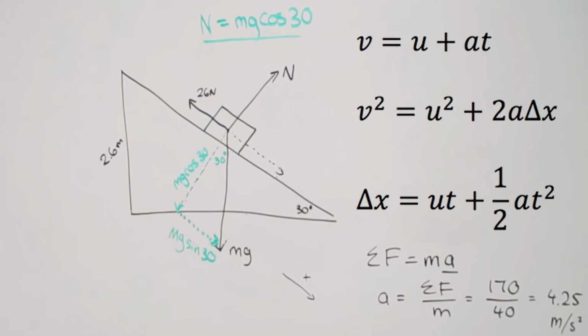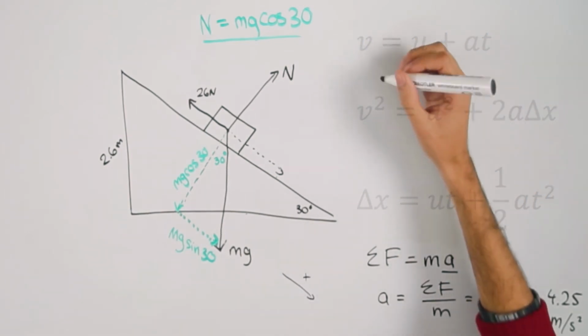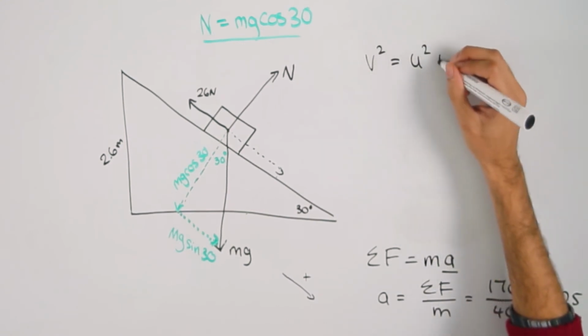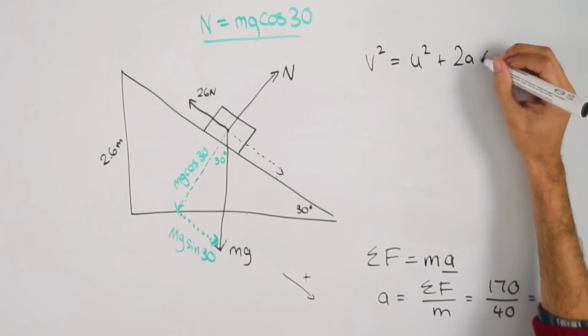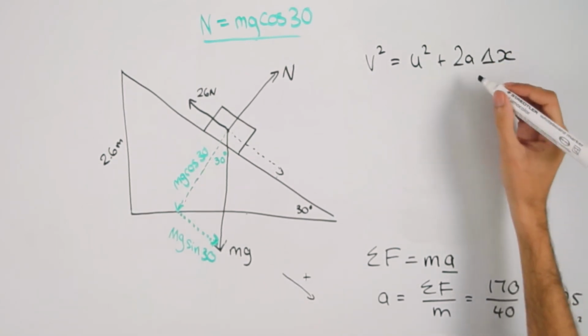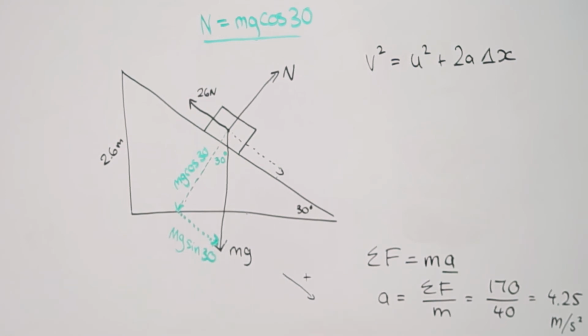Because we're not given the time taken, there's only one formula that doesn't have a time in there, and that formula is v squared equals u squared plus 2a delta x, where delta x is the distance that you've covered, a is the acceleration, v stands for the final velocity and u stands for the initial velocity. So we actually haven't finished the problem, and we need to work out the length of the slide itself so that we can sub that in for delta x.